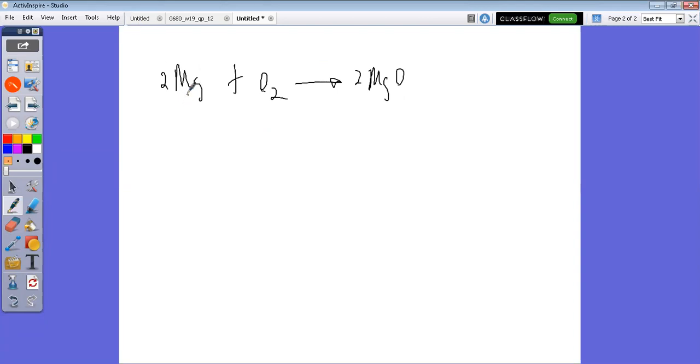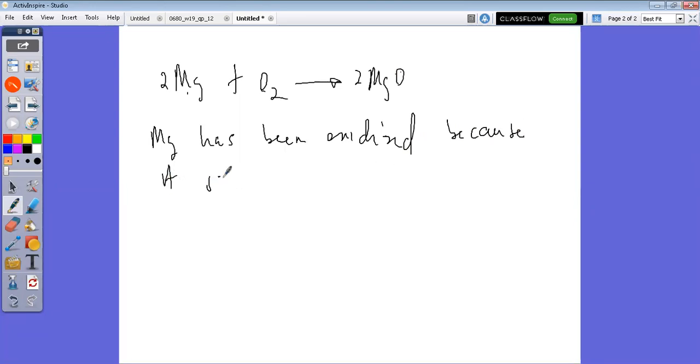So look at this. This magnesium has gained an oxygen atom. So we say magnesium has been oxidized. Why? Because it gained an oxygen atom. Then, what can you say about this oxygen molecule?